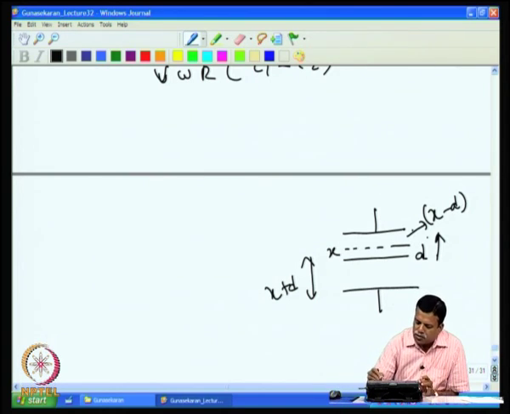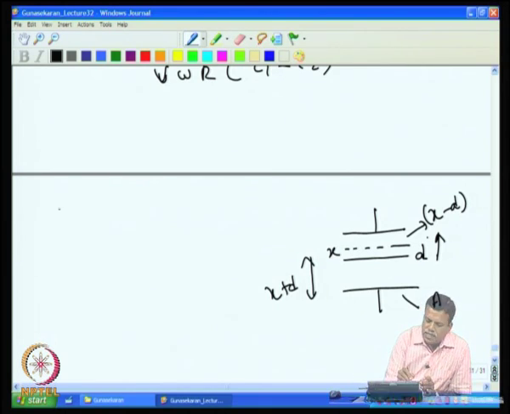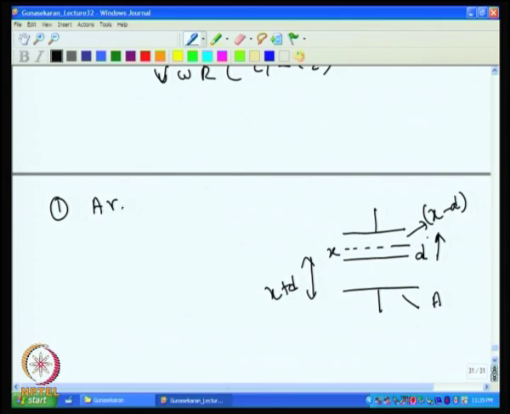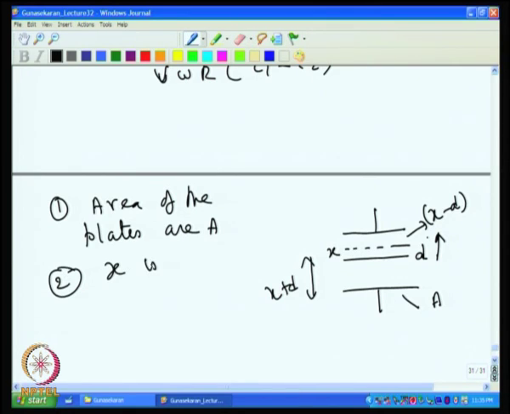So, let us assume the area of the plate is A. So, considering the area of the plates is A, and x is the displacement with respect to the midpoint, from the center distance d.